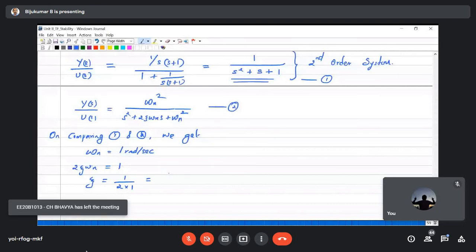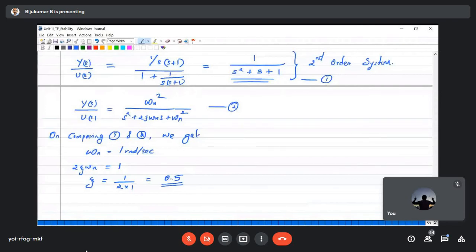So what kind of system is this? We already studied that the response of the system will vary with respect to zeta. Now zeta lies between 0 and 1, so this system is an underdamped system.